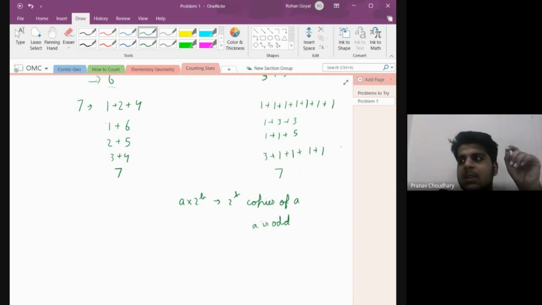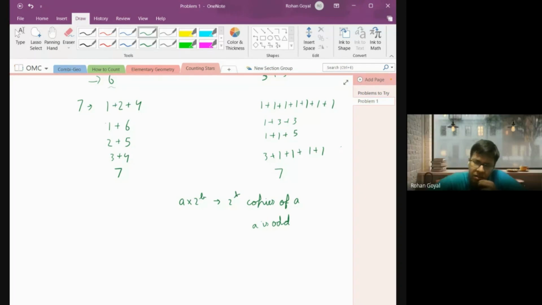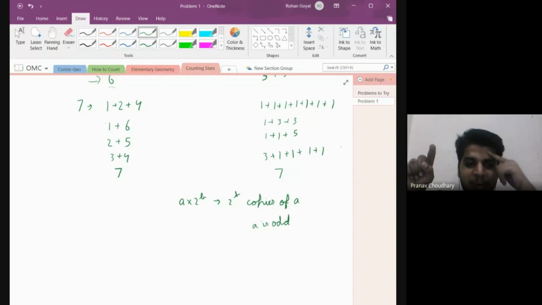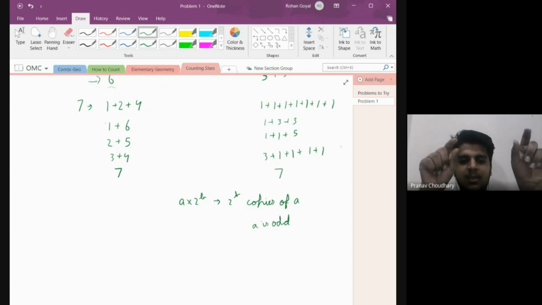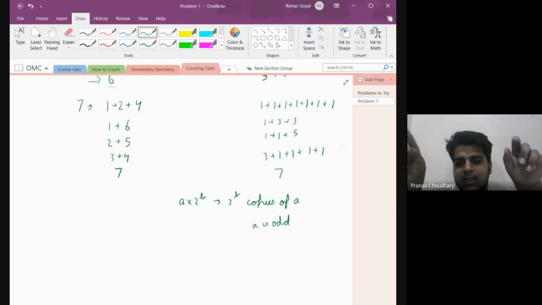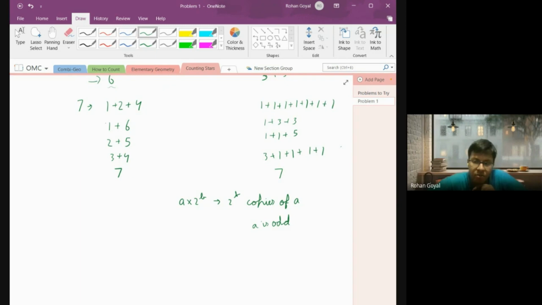Since the numbers are distinct, when they break down into odd numbers, they will also be distinct groups. I'm not able to put it in words, but they're distinct numbers. So if you take 4, it will be broken into 1 plus 1 plus 1 plus 1 always. So you can group those 4 ones. But how do I know how many to group them into?